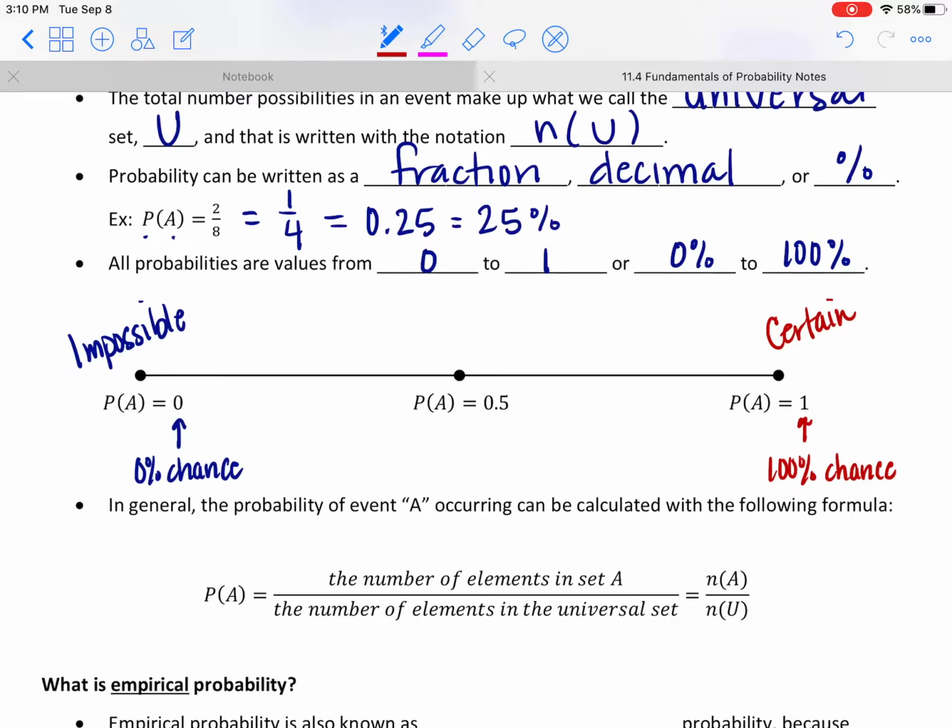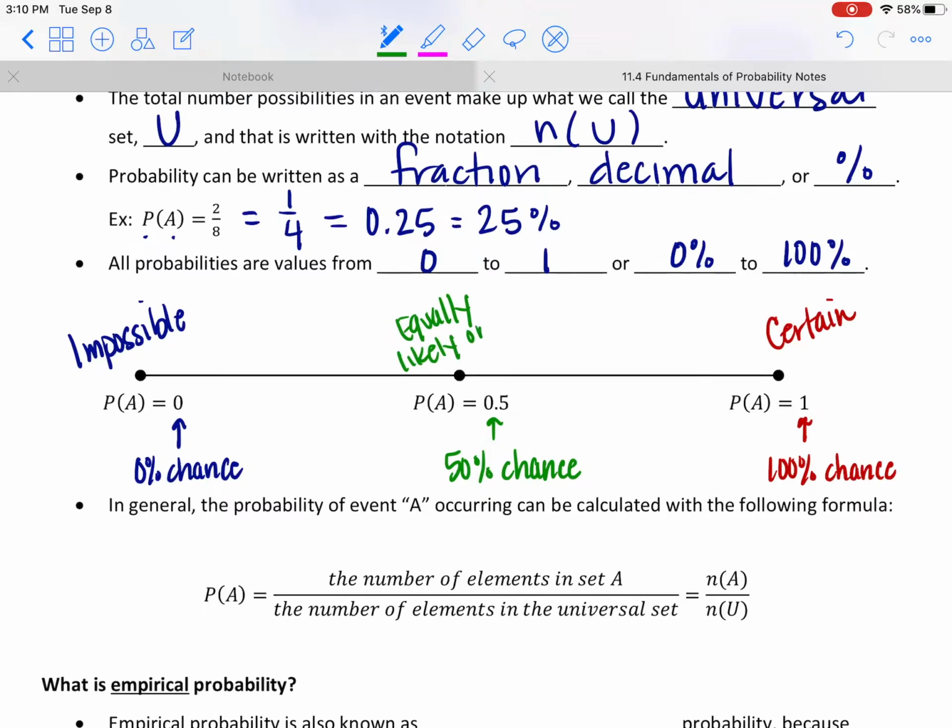Okay, what if we're in the middle? What if the probability of our event occurring is 0.5? If it's 0.5, that would be like a 50% chance. So a 50% chance of happening means there's a 50% chance that it doesn't happen. So here we would say it's equally likely or unlikely.